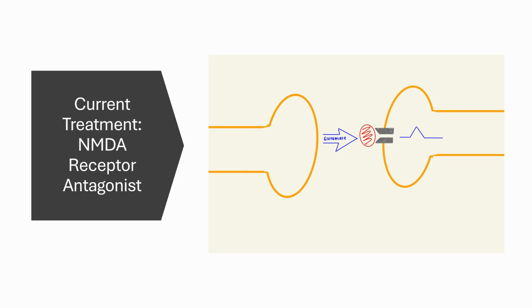So essentially, the NMDA receptor antagonist will block glutamate's effect on the receptor so that the channel cannot be activated, and these ions cannot diffuse through and cause issues in signal transduction.